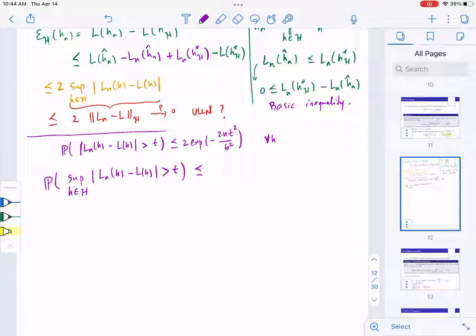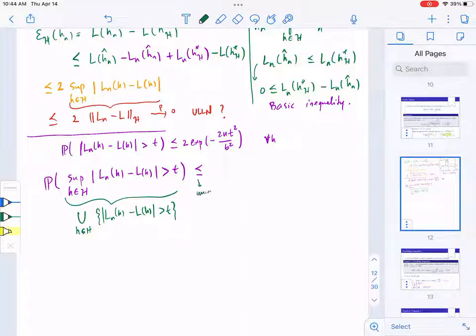So the supremum being bigger than t means that at least one of these is bigger than t, which means it's the union of these events, right? So this is the same as the union over h of the event that L_n of h minus L of h is bigger than t. What can I use here?